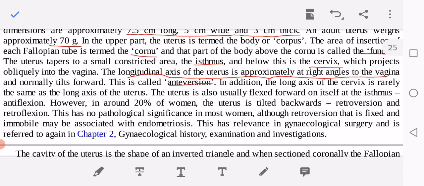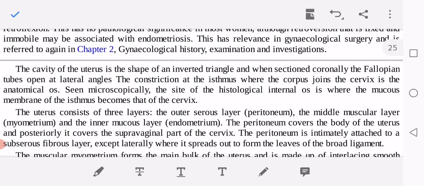This has no pathological significance in most women, although retroversion that is fixed and immobile may be associated with endometriosis. The cavity of the uterus is the shape of an inverted triangle when sectioned coronally, with the fallopian tubes at the lateral angles.